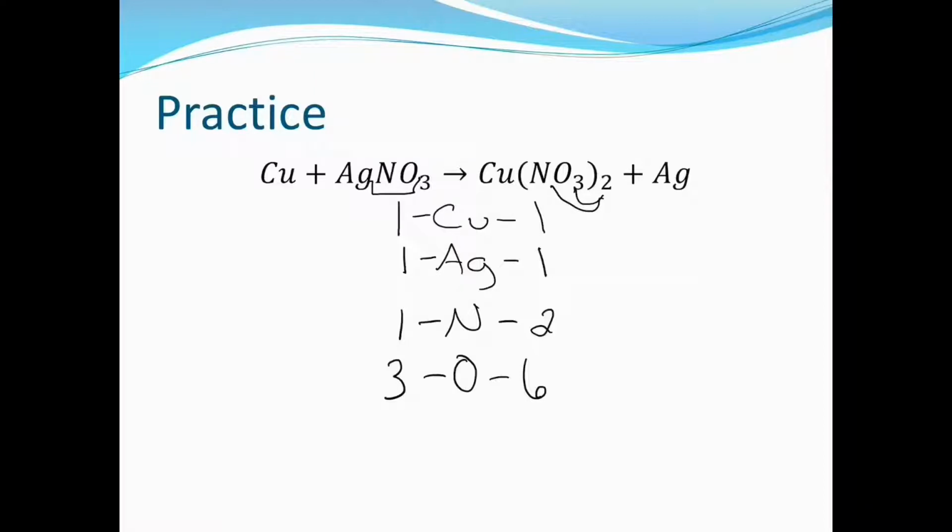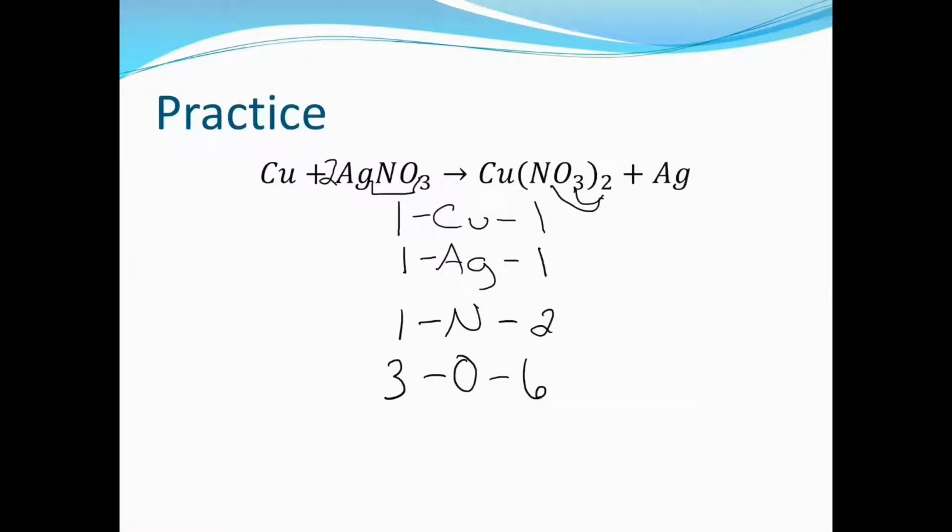So we pick nitrogen. And it looks like we have 1 more atom on the product side than we do on the reactants. So in order to get 1 and 2 the same, we can put a 2 in front of the AgNO3 on the reactant side.